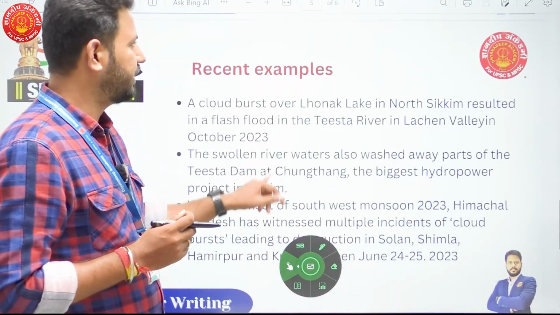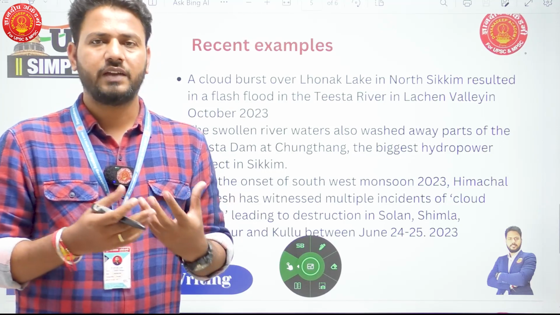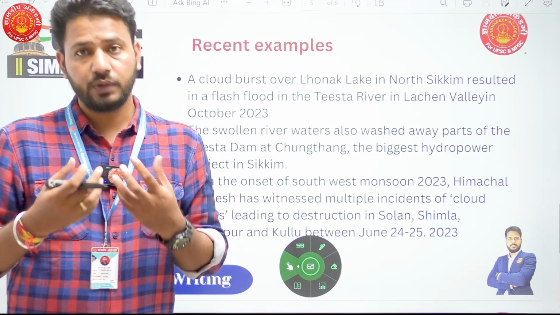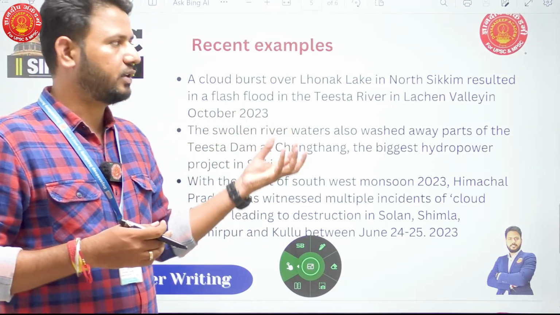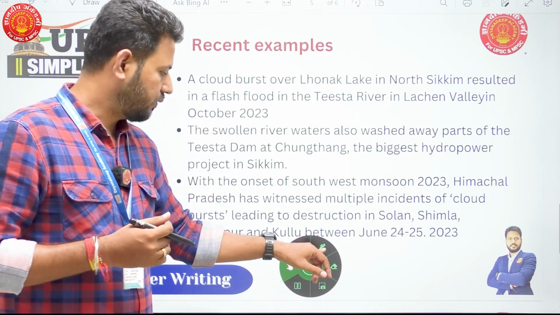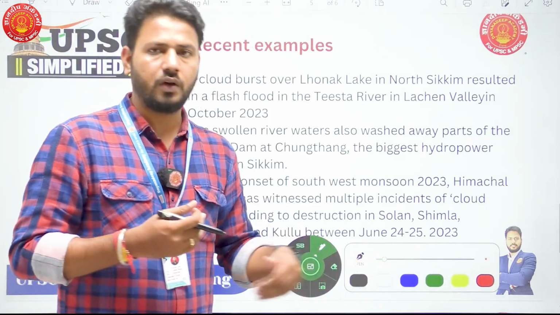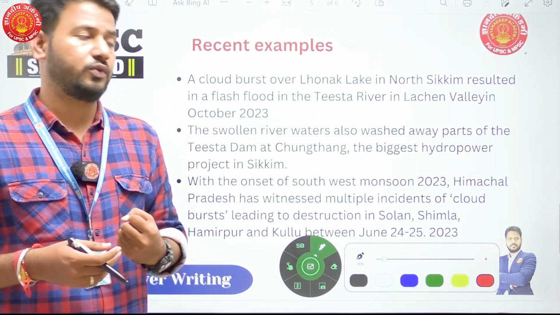Then you have recent examples. Though this question was asked in 2022, we have some recent examples in 2023 as well. The very recent one on 4th of October 2023, a cloudburst happened in North Sikkim. So this is also very important, very prominent, especially Northeast India is very prone to cloudburst. We have seen many examples before also.